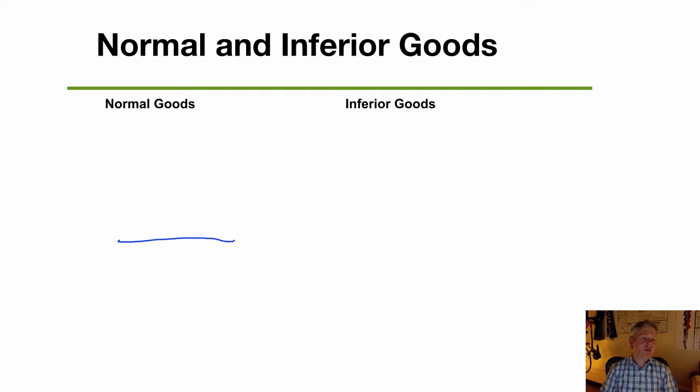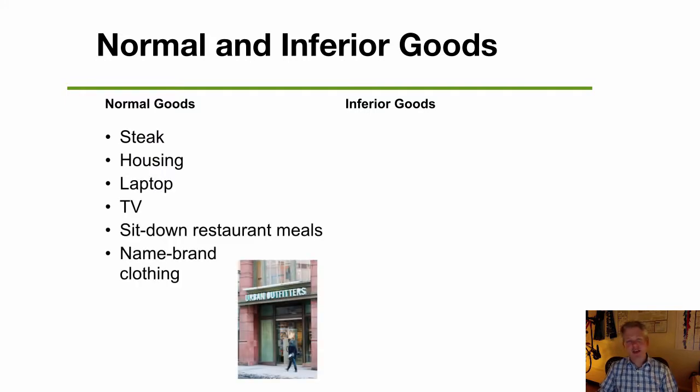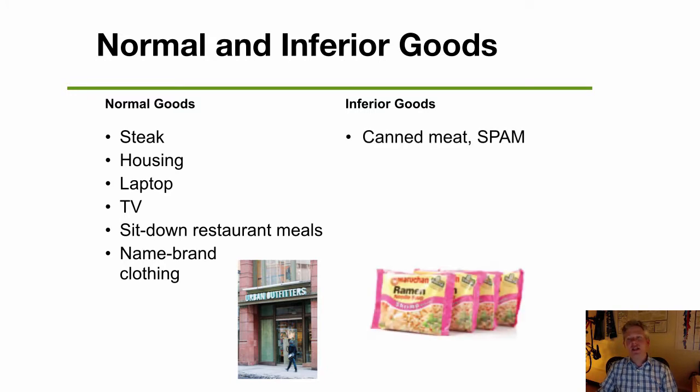So what are some examples of normal goods? Well, most things are normal goods. That's why we call them normal goods. Steak, housing, laptops, TVs, sit-down restaurants, name brand clothing. For all of these things, as your income goes up, you usually demand more. What are inferior goods?